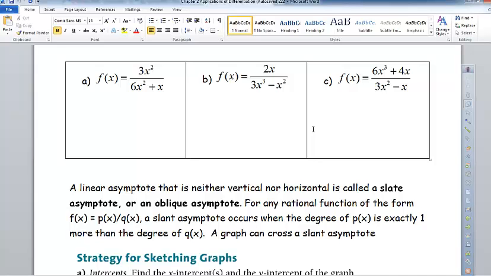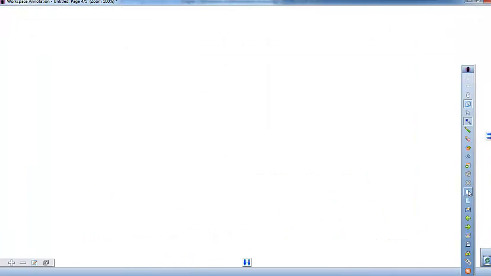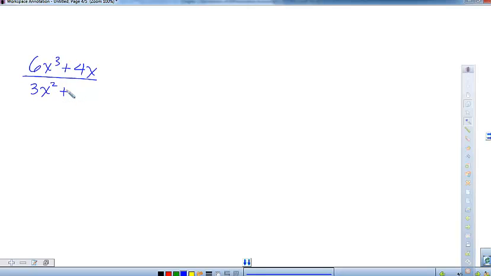So 6x cubed plus 4x, over 3x squared minus x.